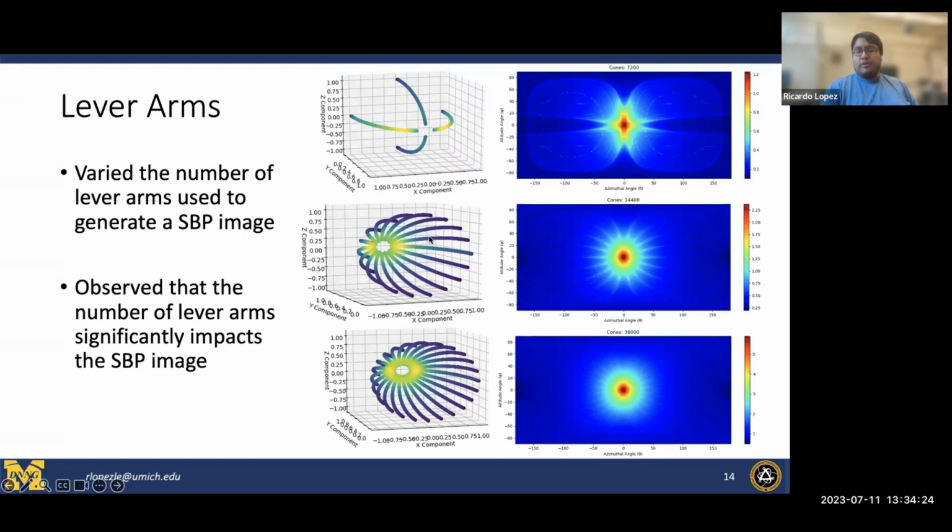But as you lower and lower the number of lever arms, you start seeing very obvious artifacting and distortion in your image. That just has to do with the fact that you're restricting the allowable number of scattering angles, which ultimately results in these kinds of imaging artifacts, which wouldn't have that much of an impact at a higher number.